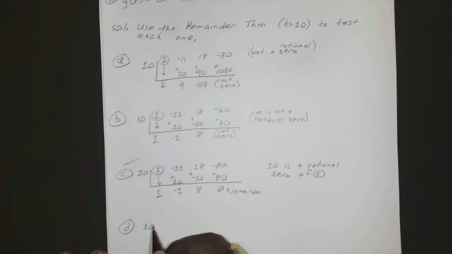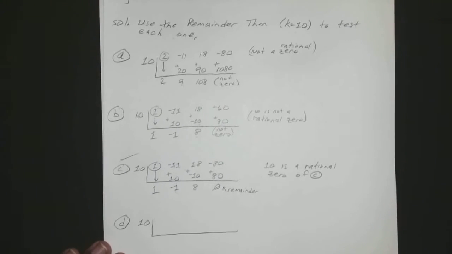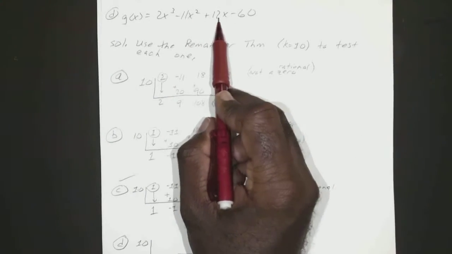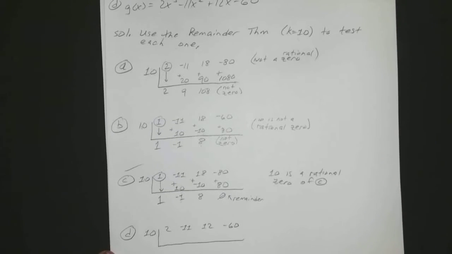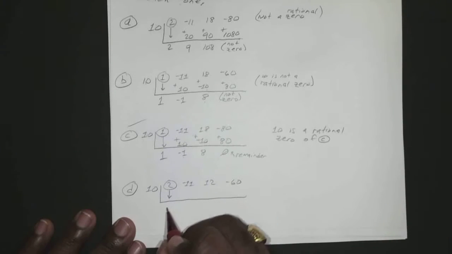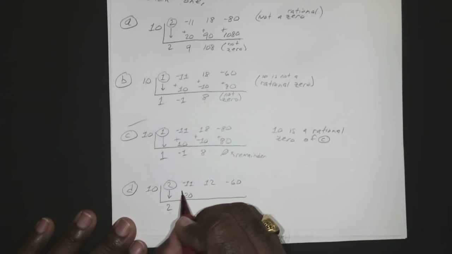Remember, we put our k on the outside. And we get our coefficients, which are 2, -11, 12, and -60. Move that up some. So you get your first one and just bring it down. 10 times 2 is 20.